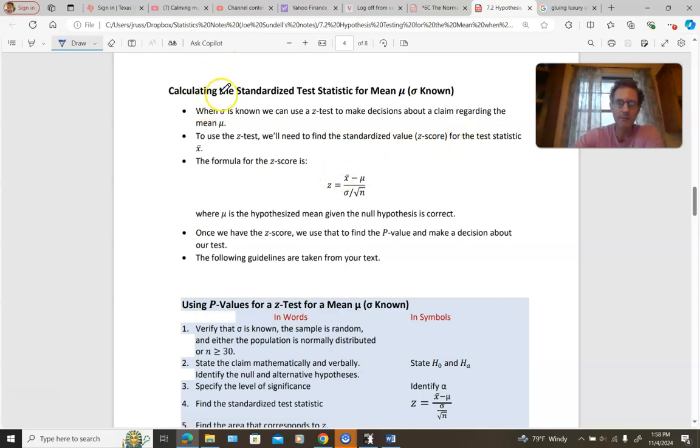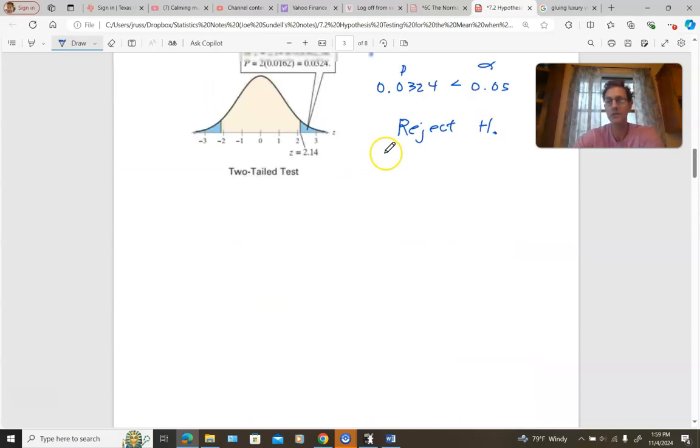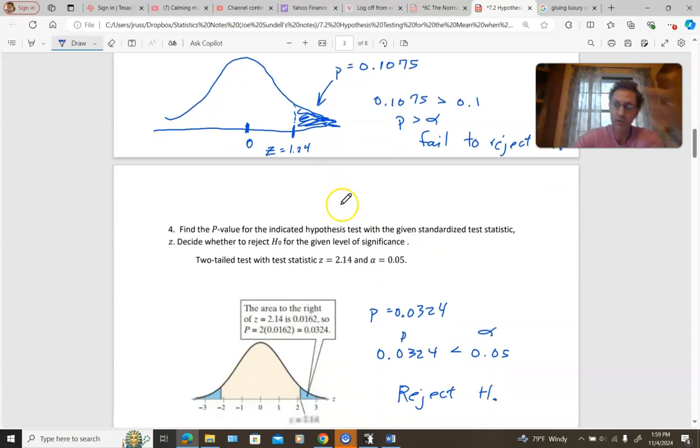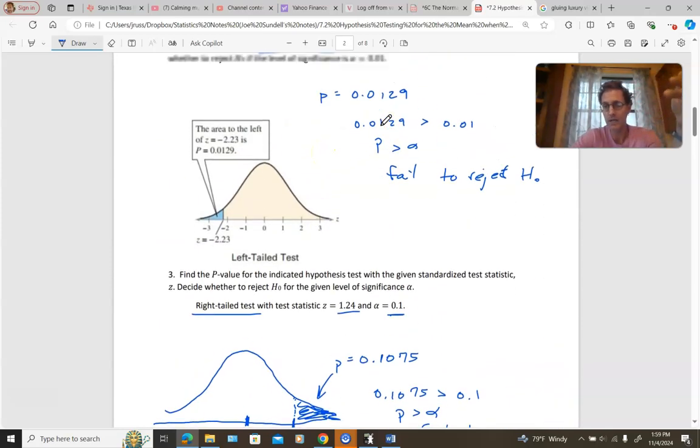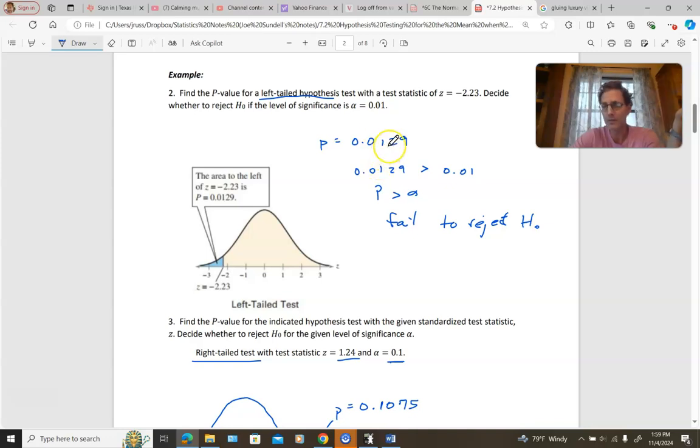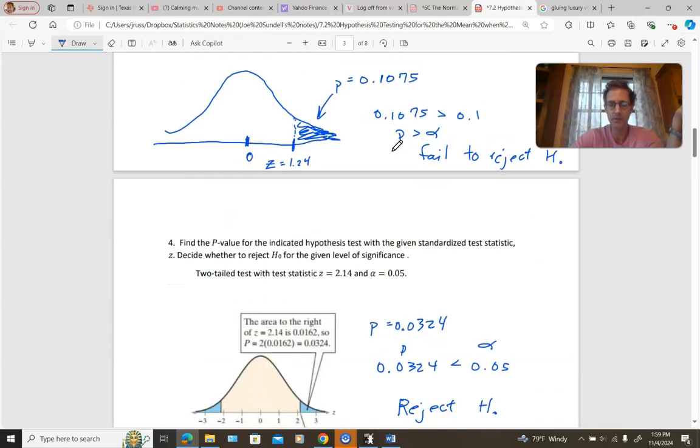All right, so when sigma is known, we can use what we call a z-test to make decisions about a claim regarding the mean. Okay. So to use the z-test, you've got to find your standardized test statistic. Now, before that was given to us. By the way, guys, we were actually performing a z-test down here. Okay, we were deciding whether to reject or fail to reject the null hypothesis.